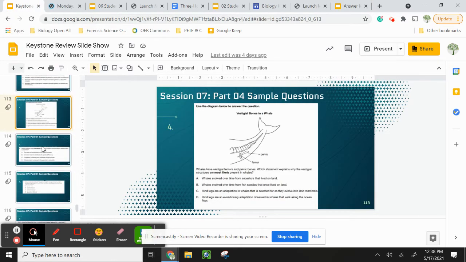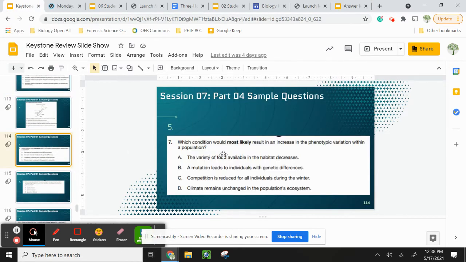Let's take a look at number 5. Which condition would most likely result in an increase in the phenotypic variation within a population? A. The variety of food available in the habitat decreases. B. A mutation leads to individuals with genetic differences. C. Competition is reduced for all individuals during the winter.